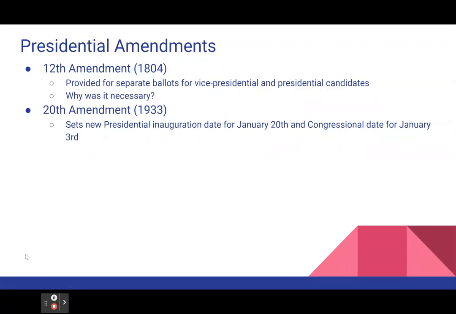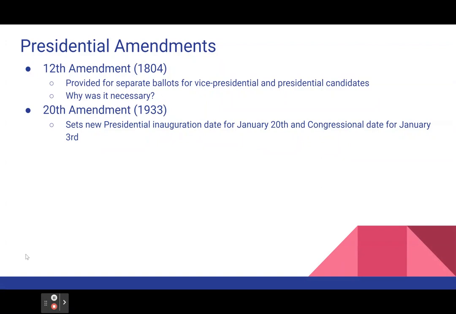And, of course, early on, that made sense. It takes time to get your communications across. There are transportation problems, all of that stuff. But by 1933, communication and transportation are not a problem anymore, right? You've got telephones, you've got telegraphs, you can send all sorts of messages easily. So you don't have the same kind of communication issues in 1933 as you did in 1833.